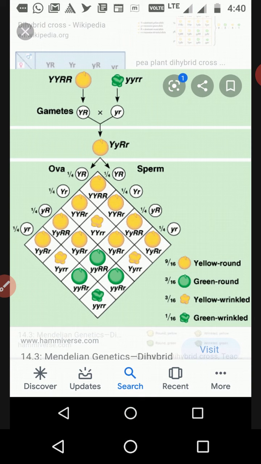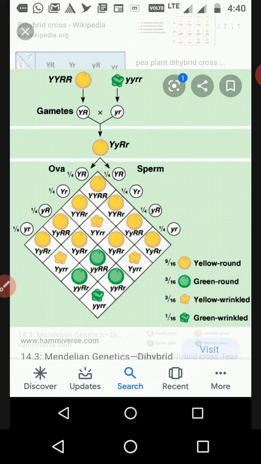You have to count, and you have to see by character that all the round shape seeds with yellow color seeds are 9 in the box. All the 9 boxes are filled with the combination of round seeds and yellow color seeds. So in the result it is called 9. Next group, ratio 3.